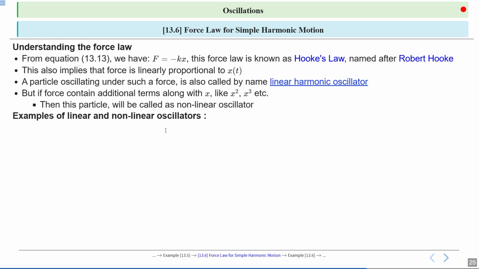Examples of linear and non-linear oscillators. First, linear oscillators. A classical example is a mass attached to an ideal spring. If you stretch or compress the spring a little, it follows Hooke's law perfectly. Another example is a simple pendulum, but only for small angles.